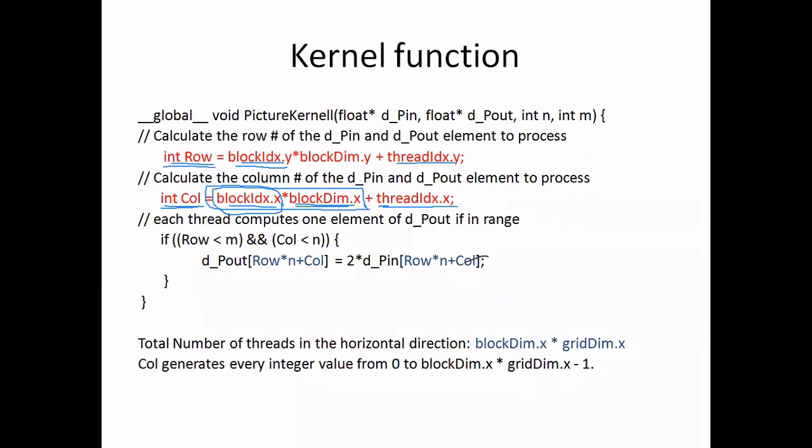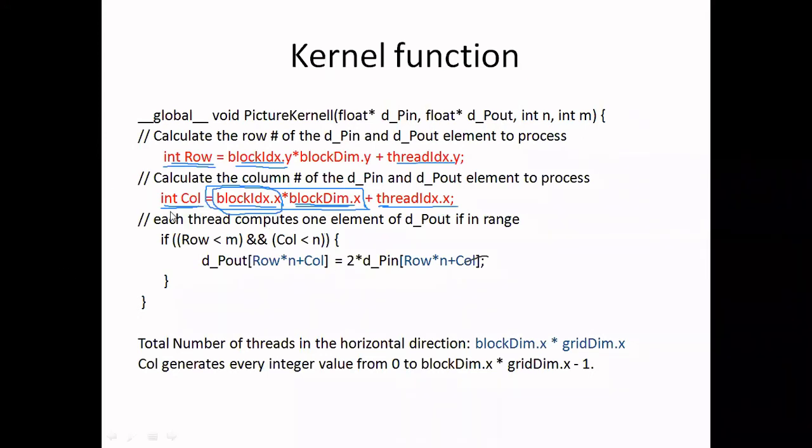Similarly, it will also have block index dot x, block index dot y. These are the variables that we have seen, which are pre-initialized by the device. We are not going to change them. We should not change them, in fact.